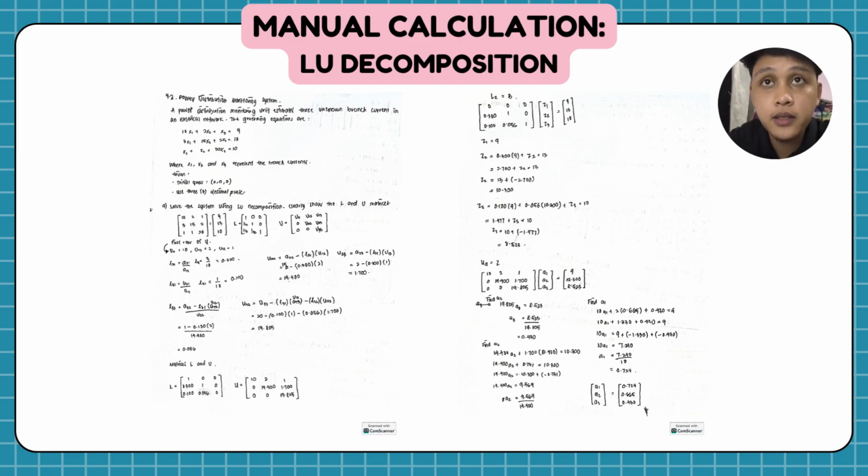And the final result, as you can see, is A1 equals 0.724, A2 equals 0.665, and A3 equals 0.430.